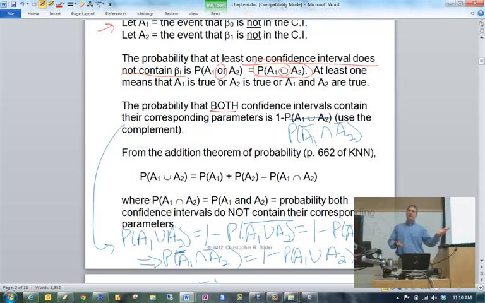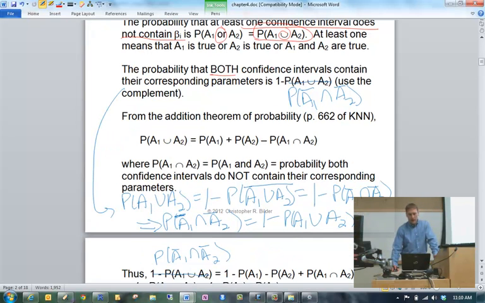So either it's B or B complement. Through an application of De Morgan's laws, which you remember from your first stat course, we can show that the complement here, written out in terms of a probability, is 1 minus the probability of A1 complement intersect A2 complement.